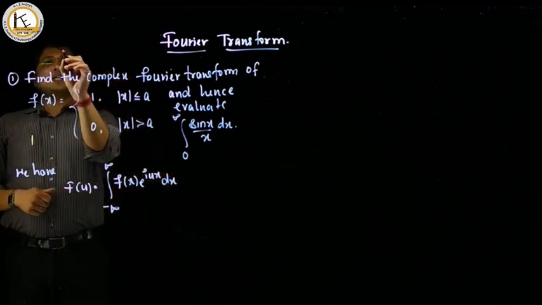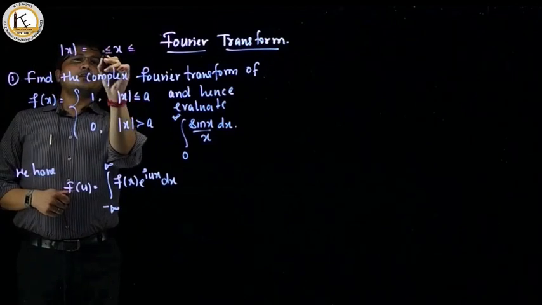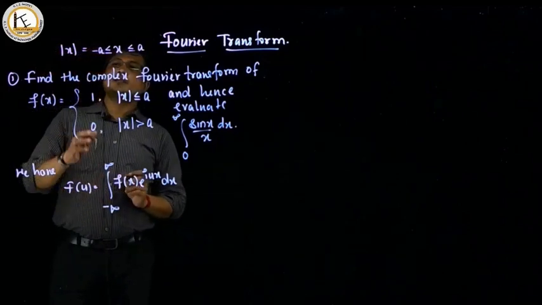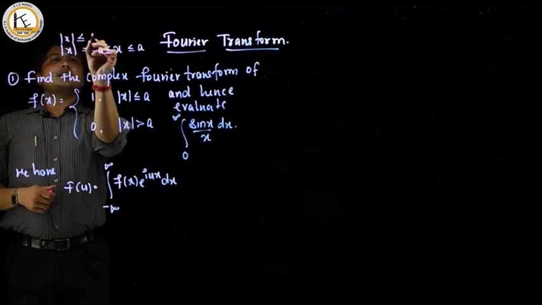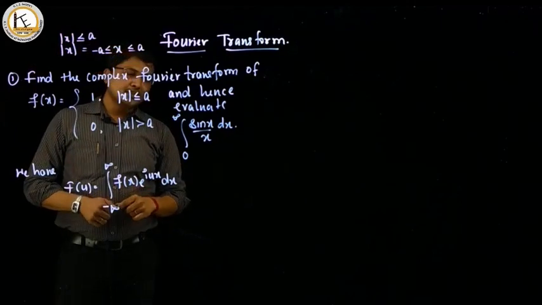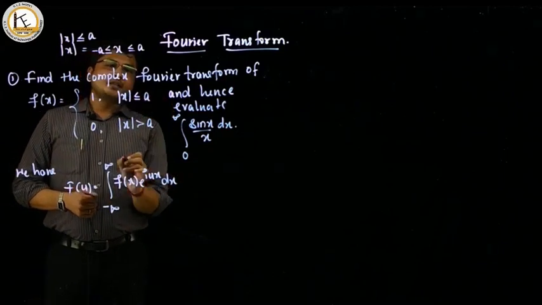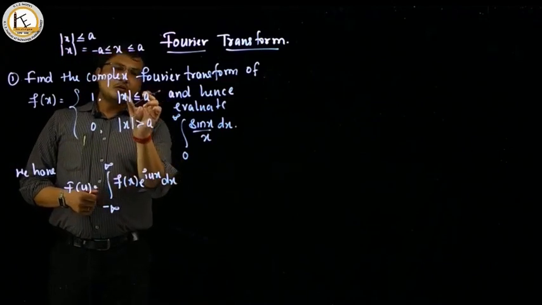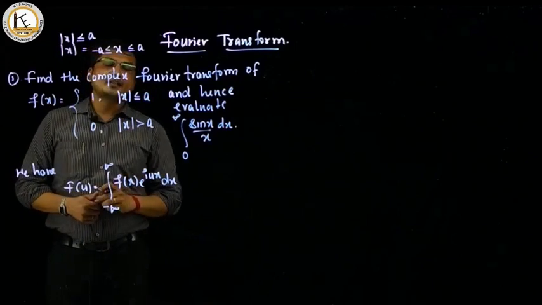Obviously if I am taking mod x as less than or equal to a, it means that x is lying between minus a to plus a. So for the range minus a to plus a, the function f of x is defined as 1.